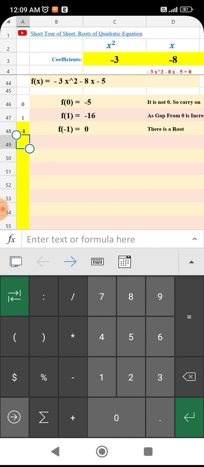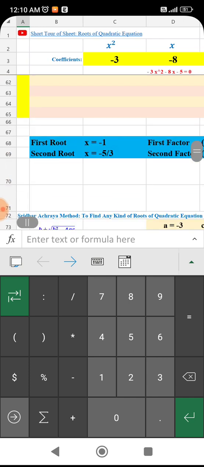Remember this once again: this method is possible if there exists any integer root. In this case one root is integer and the other root is fractional. If at least one root is an integer, we can find both roots very easily.